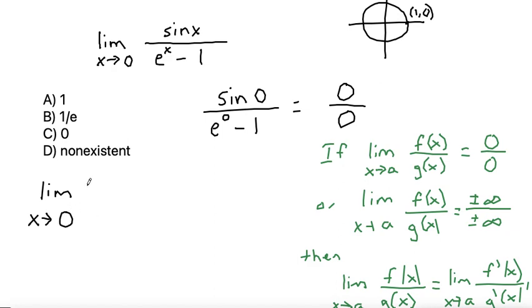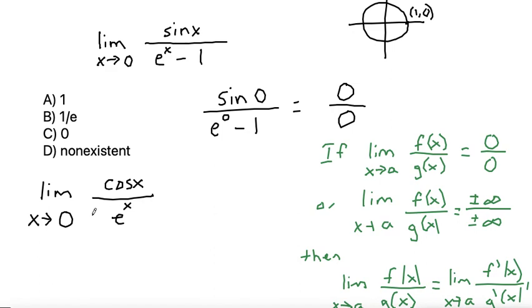The derivative of sine of x is just a formula, that's cos x, divided by the derivative of e to the x, which is e to the x, and the derivative of minus 1 goes to 0. So now, this is our derivative of the top over derivative of the bottom.